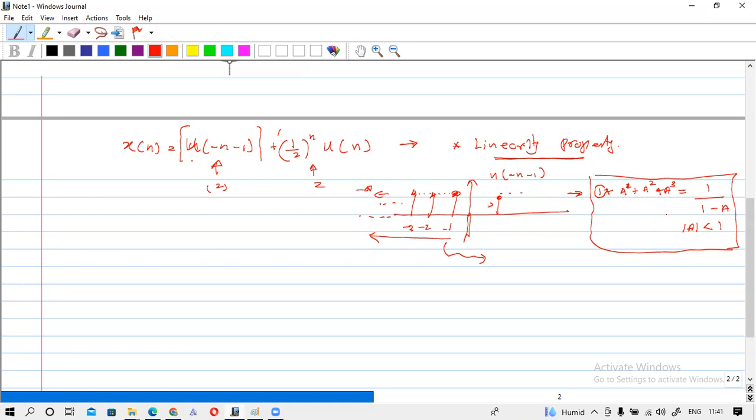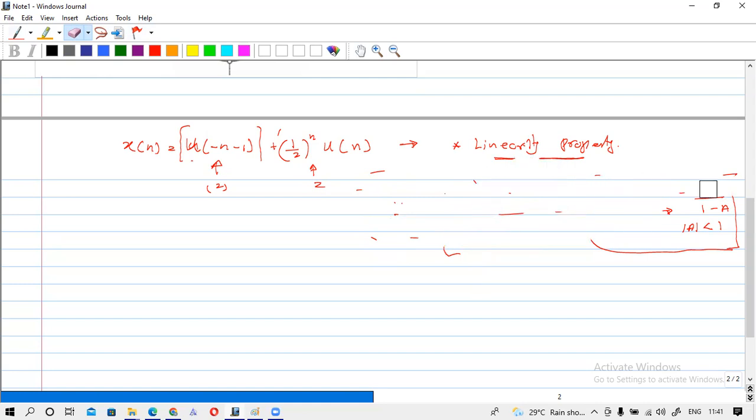So I think you can do this by yourself. I am not going to use that method, because you can do it by yourself. Rather than using this basic definition, I will try to do this with some properties.